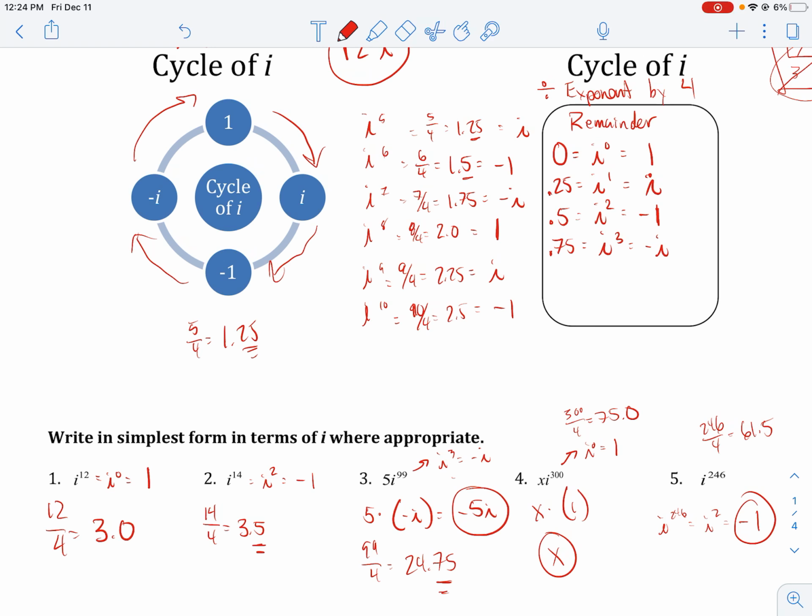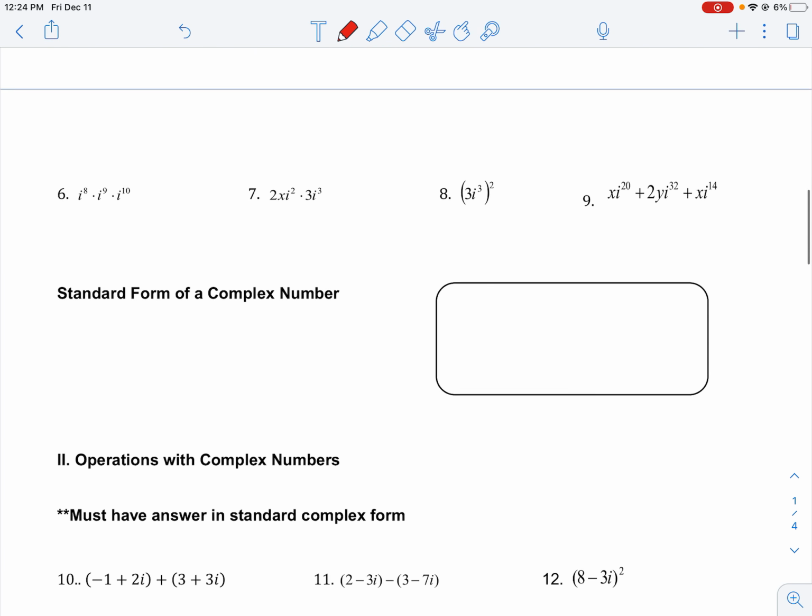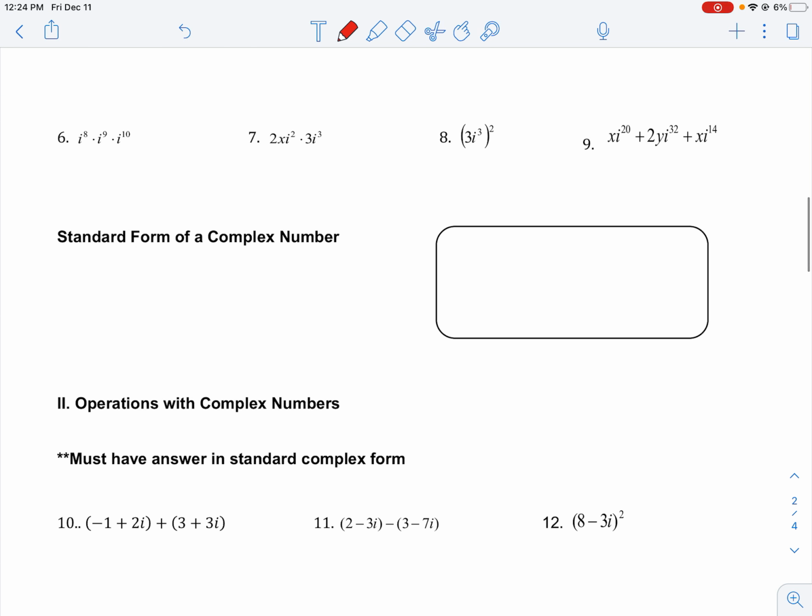Okay, let's keep going. All right, down here, we're multiplying them out. That's okay, just involves more rules with our exponents. So anytime you're multiplying with the same base, or when you're multiplying exponents that have the same base, you add the exponents.